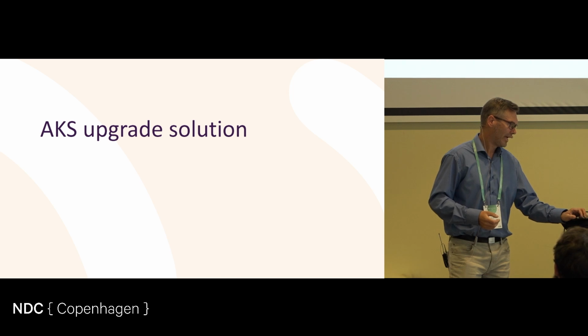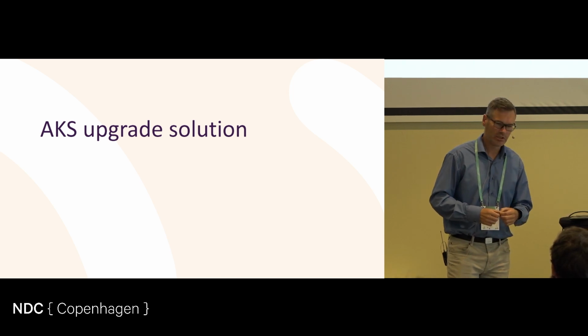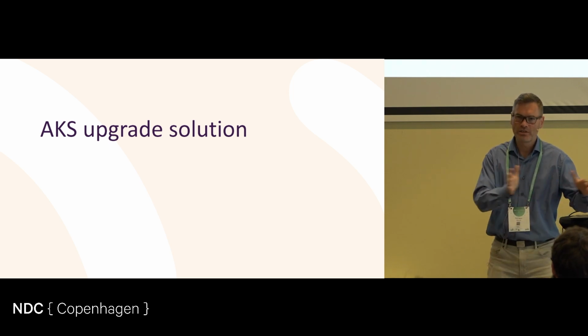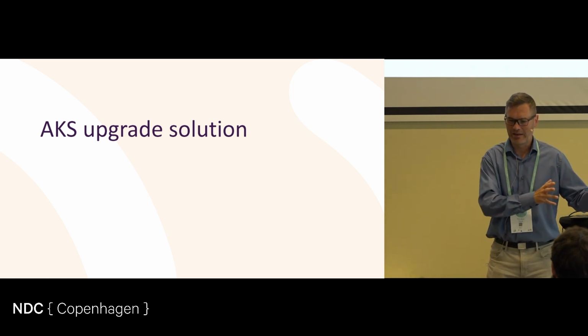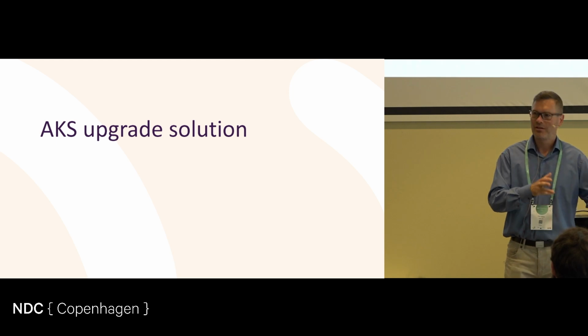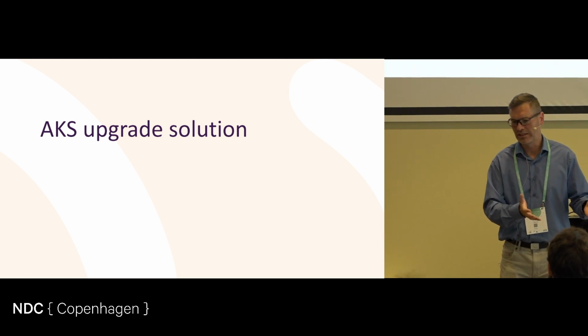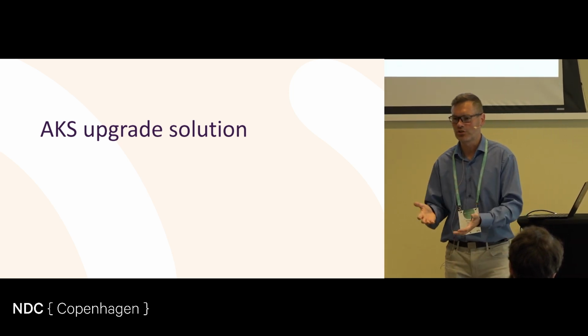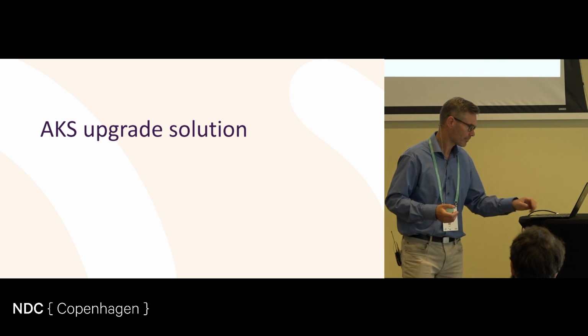So what AKS upgrade solution did we choose? We went completely back again and said, okay, active-active is not really working for us. Again, we want to upgrade the service in a very secure way, nothing more.